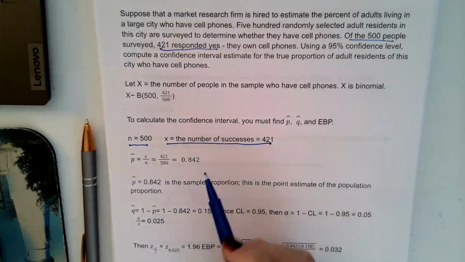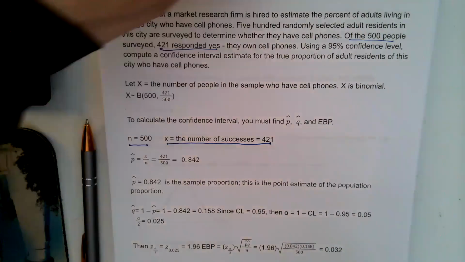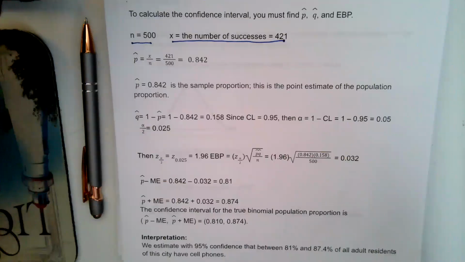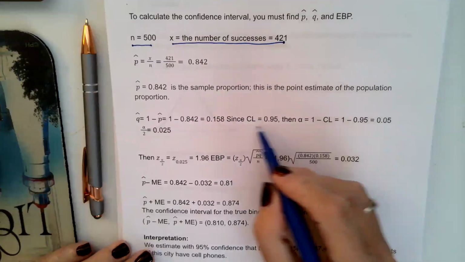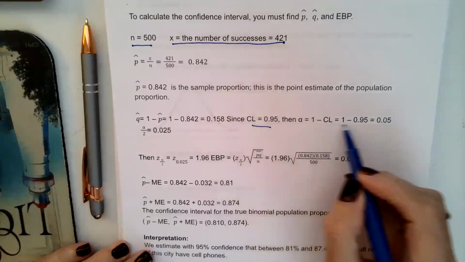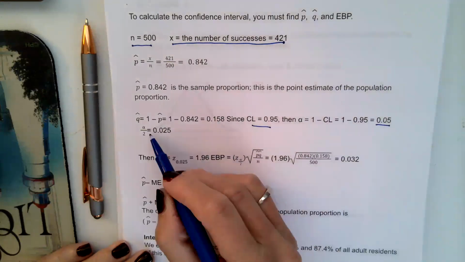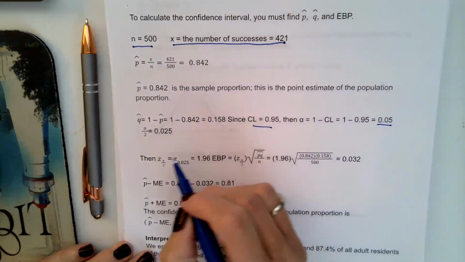So our alpha is equal to 1 minus the confidence level. So 1 minus the confidence level is 0.05, and alpha divided by 2 is 0.025.